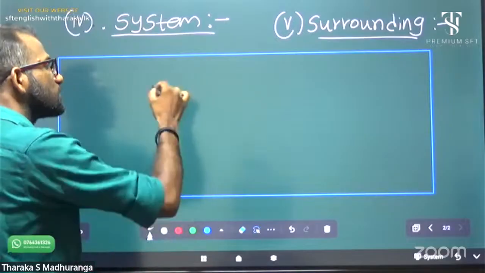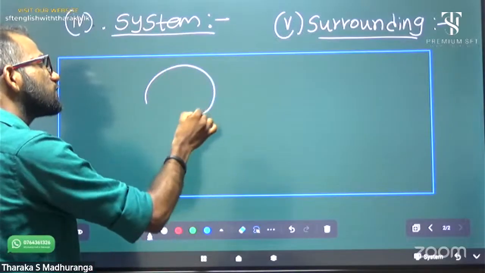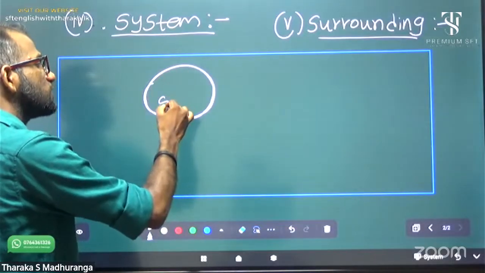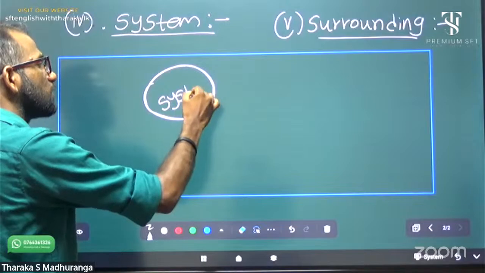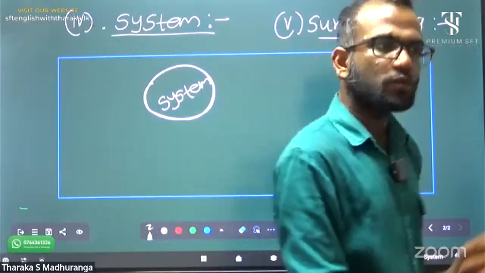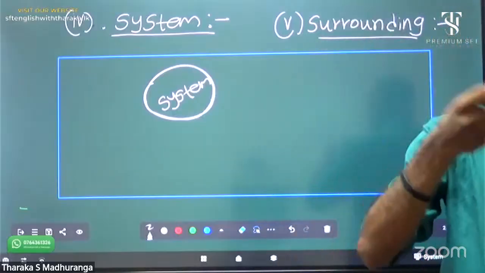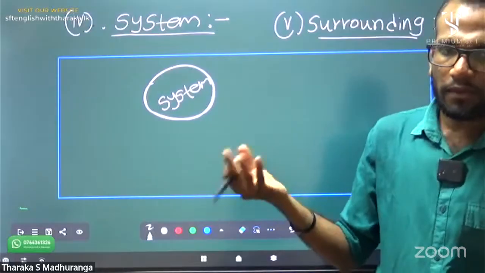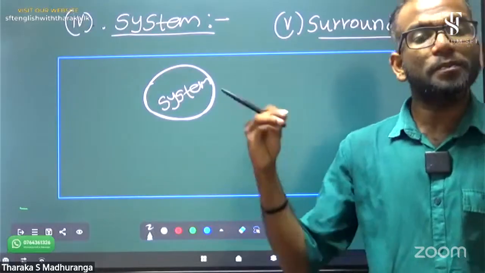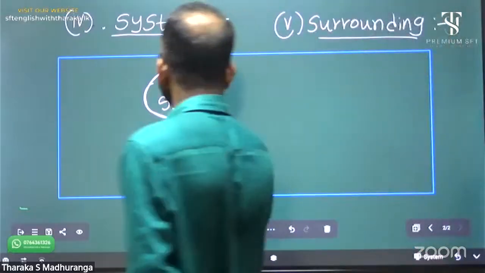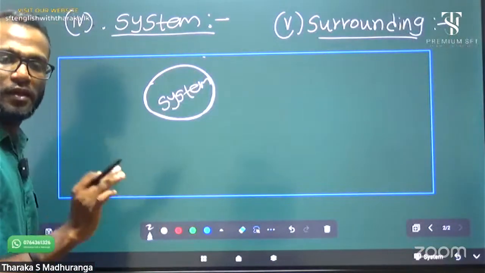If I select a particular area for study from this universe, that we call the system. That can be a plant, cell, test tube, pond, or a selected sea area, anywhere. A selected area for a particular study is a system.